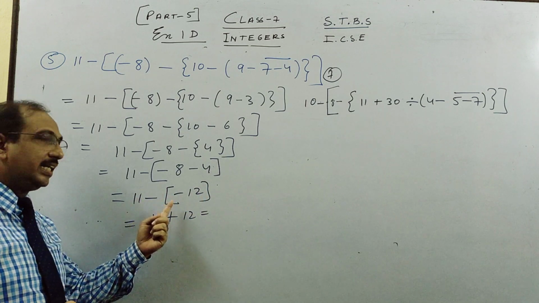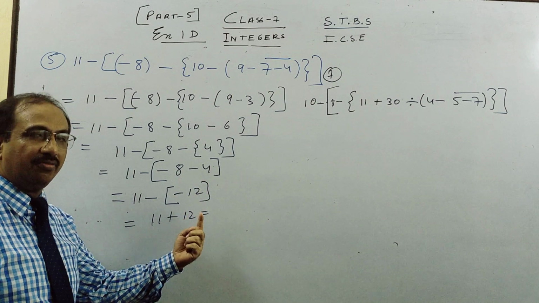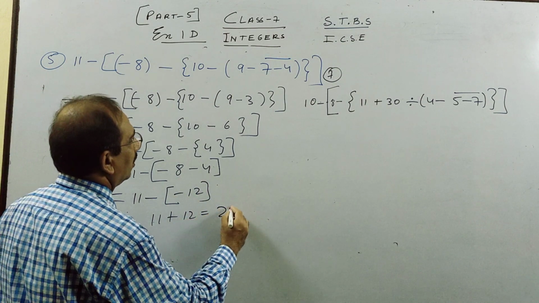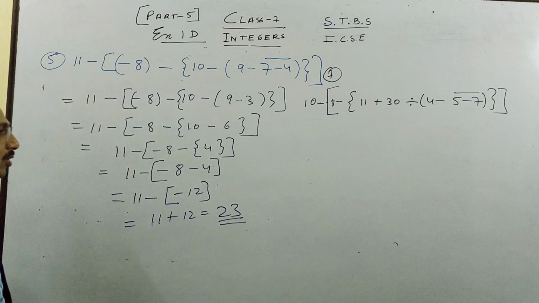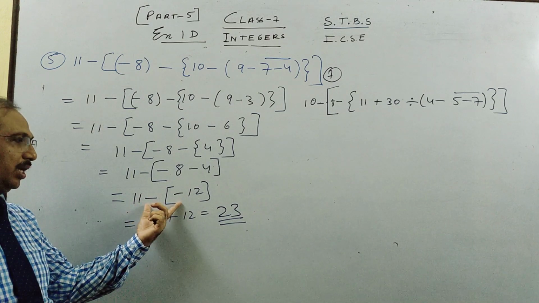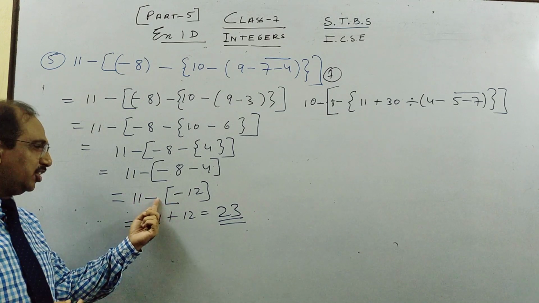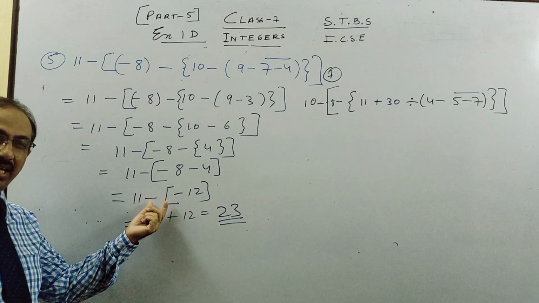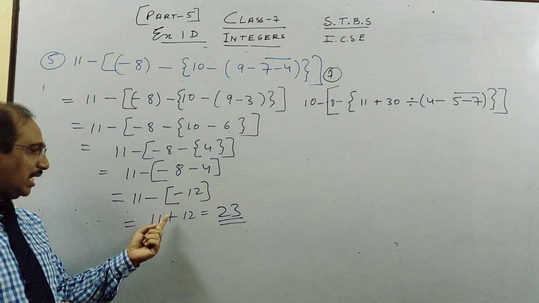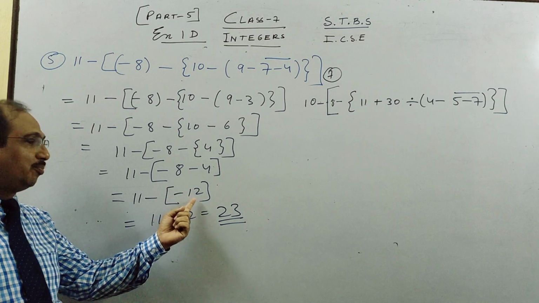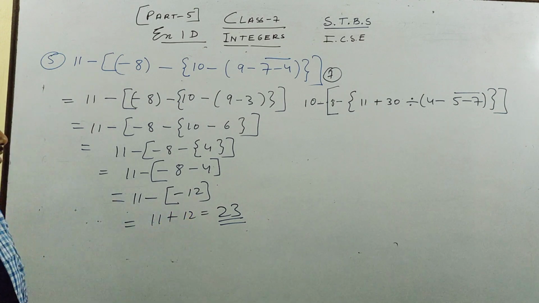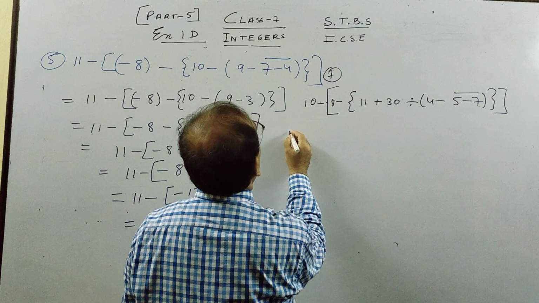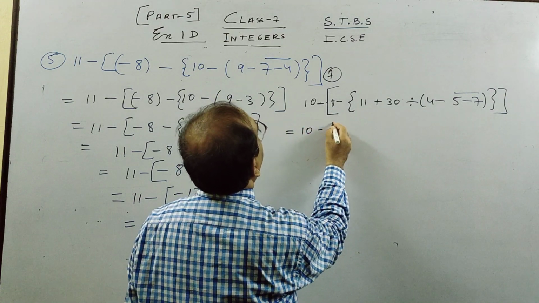So plus the additive inverse of minus 12 gives you plus 12. So the answer is 23. Think as if the minus sign is multiplied with the minus sign and you get plus, but the real idea is that minus means add the additive inverse of minus 12, which is plus 12. So the last one we have is this.